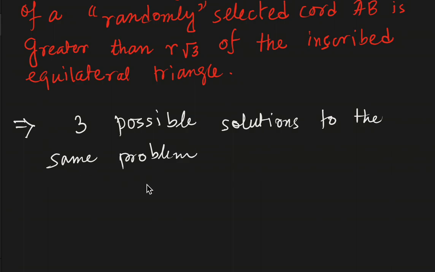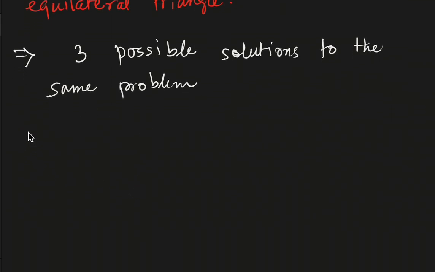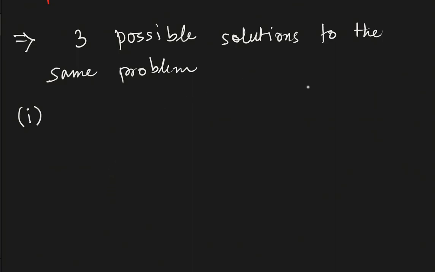Let me show you the first way to calculate it, the first way using the classical definition. Let me first restate the problem here again. Suppose this is a circle and suppose its radius is r.